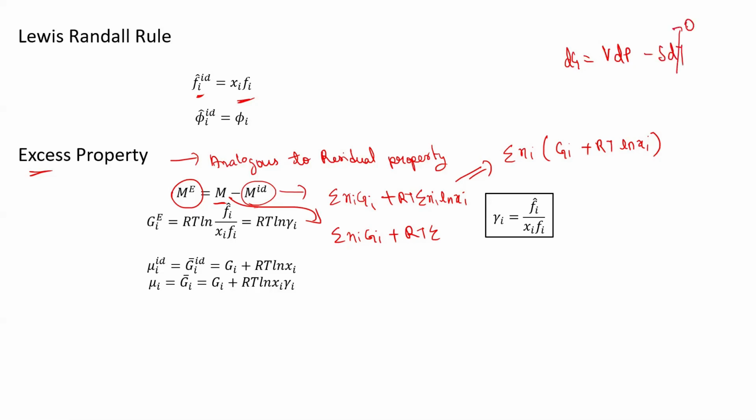SGT, so at constant temperature, this is 0. So V is expressed as RT by P into dP. So this turns into ln P. That's how we are saying now as a difference Fi cap minus Xi Fi will be coming, which is defined as the activity coefficient.